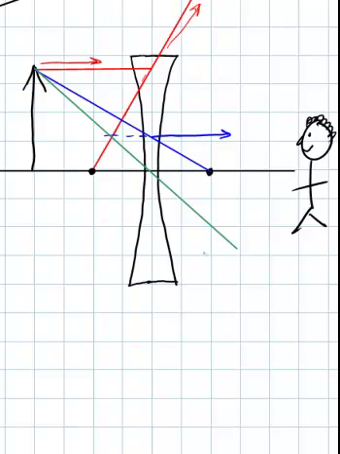So it goes right through the center of the lens and is undeflected, and we trace back, and we see that all 3 of these lines intersect in one location. And so it's as if the light is coming from that spot right there. So that's our ray tracing.